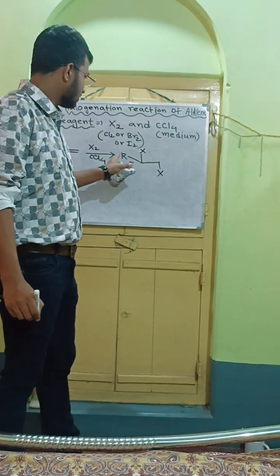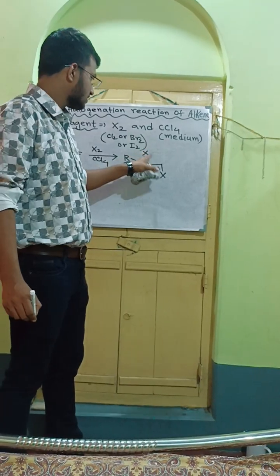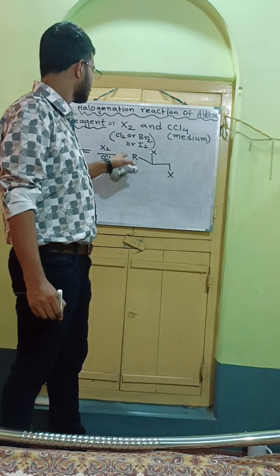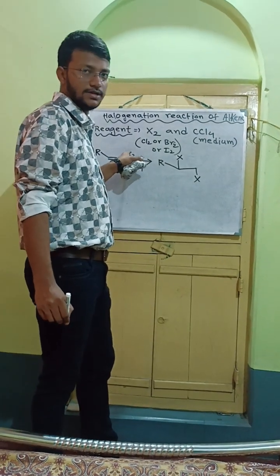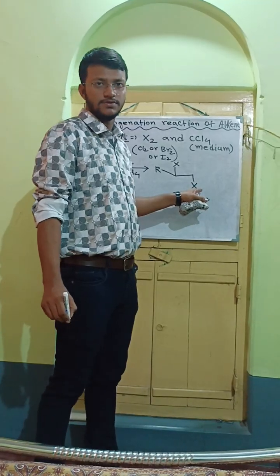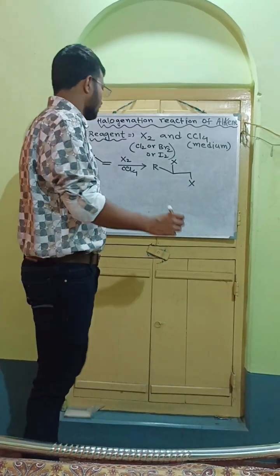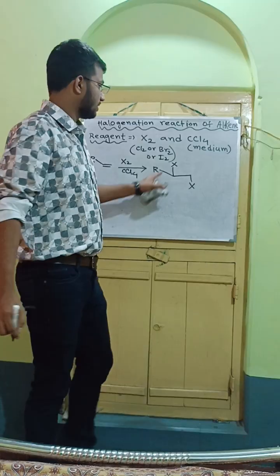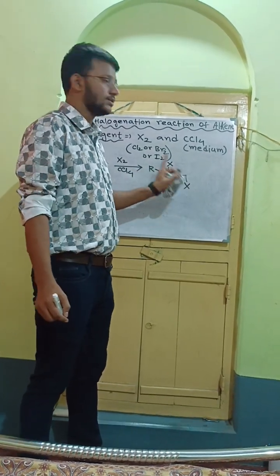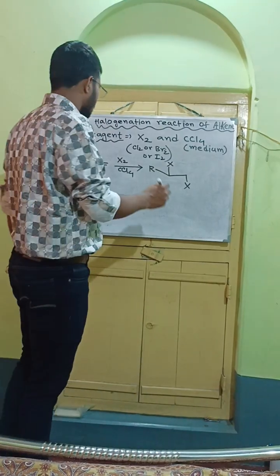So for chlorination, here one Cl, here another Cl. For bromination, if we take Br2, then here one Br, here another Br. Clear? If we take I2, then here one I and here another I. Clear or not?